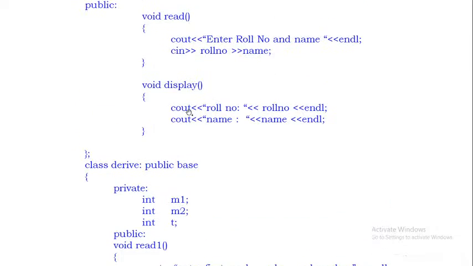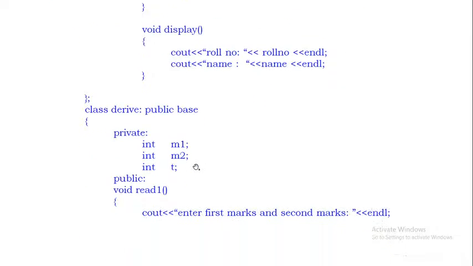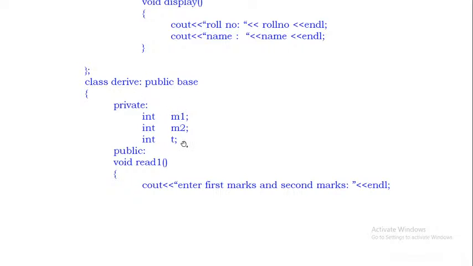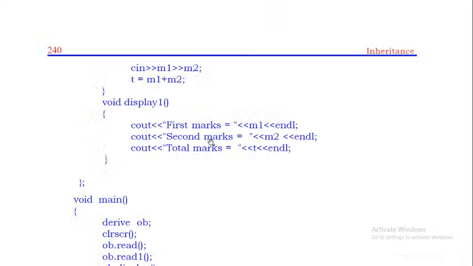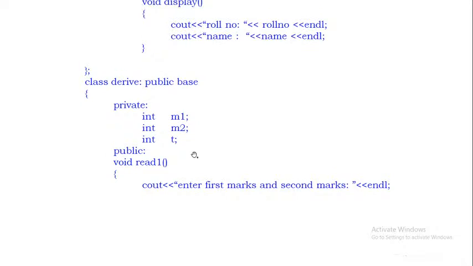What is the base class name? Base, I am taking here. So you can observe base. Inside the derived class, in the private members, I am declaring three variables, m1, m2 and t. m1 belongs to first marks, m2 belongs to second marks, t belongs to total marks. Three variables I am declaring.